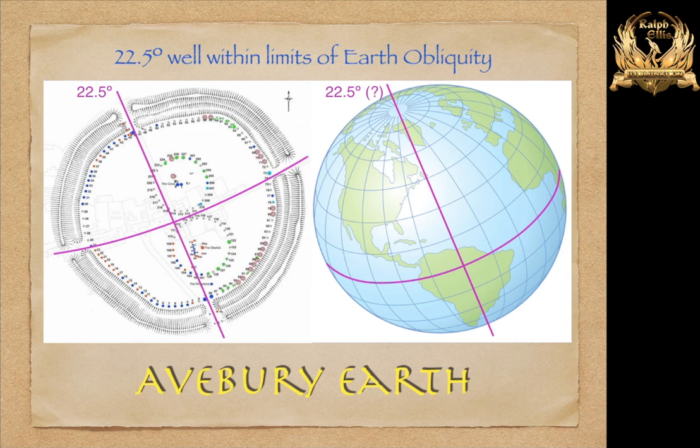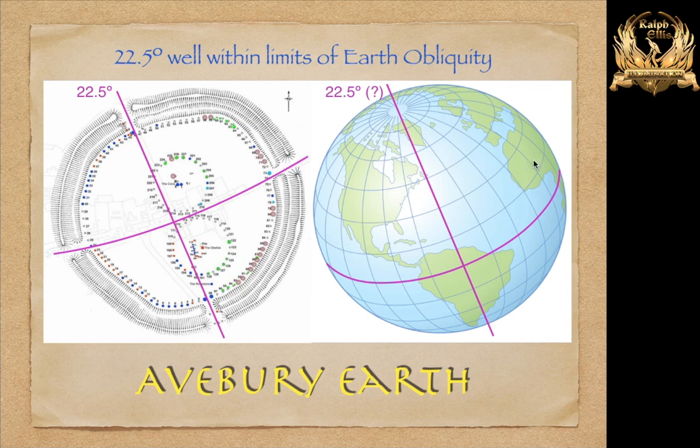And there are other reasons for me thinking this, because these small circles in Avebury contain latitudes of specific objects on the surface of the Earth. I won't go into that. You'll have to read the books for that. But these lines of latitude for these specific objects in these two circles indicate that whoever designed Avebury knew the division of the Earth into lines of latitude.